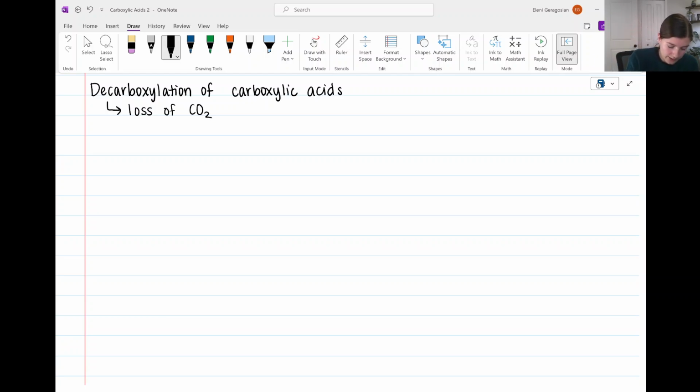So the general scheme: we of course start with a carboxylic acid. And carbon dioxide is produced along with the carbon chain bonded to a hydrogen.